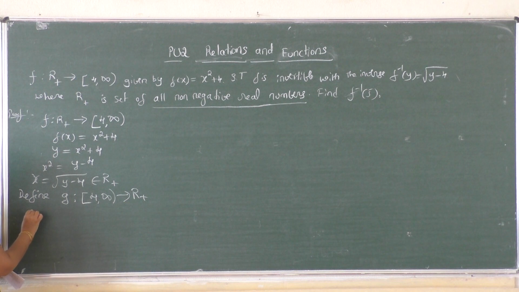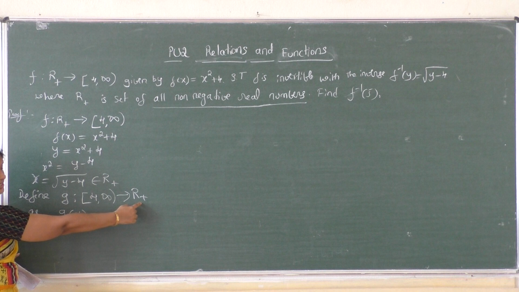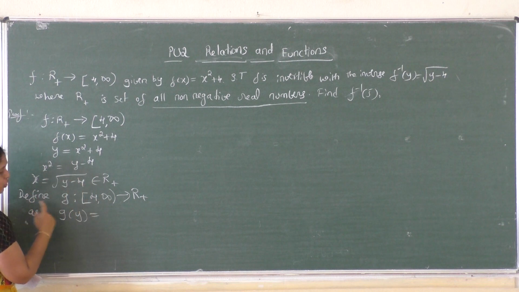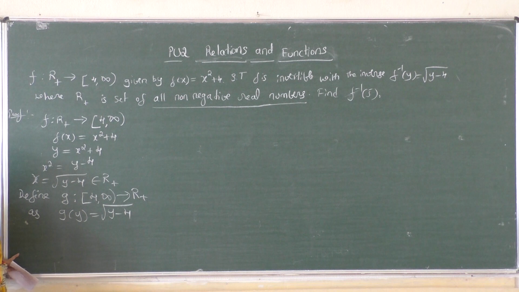Now we define g of y. G of y belongs to the set R plus, so we can write it as root y minus 4. So define g of y as root y minus 4.